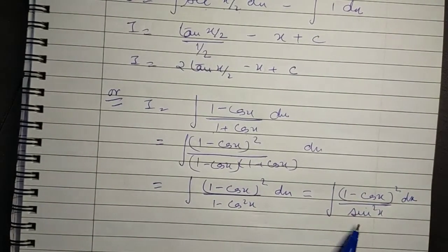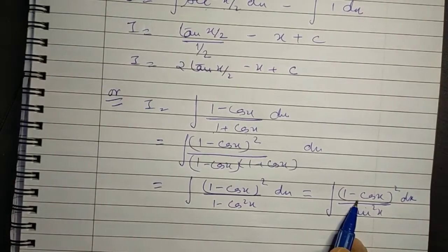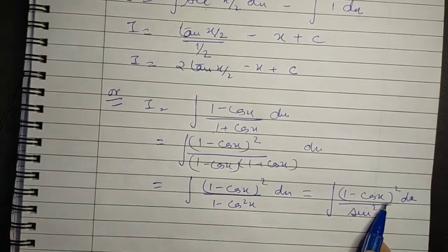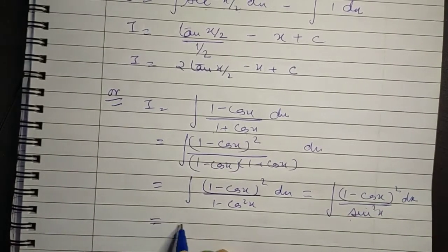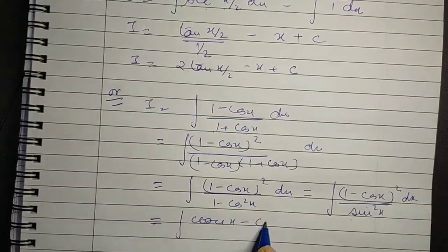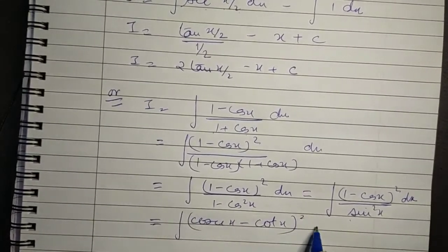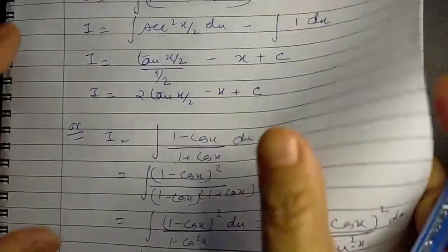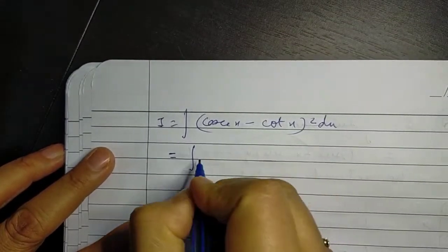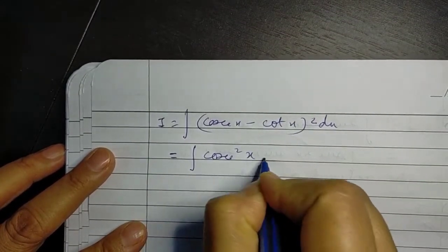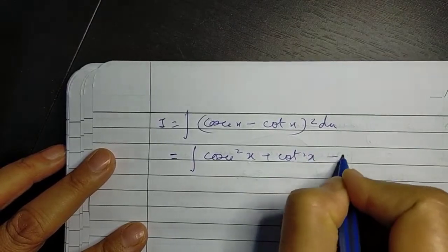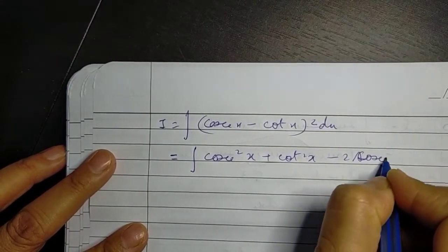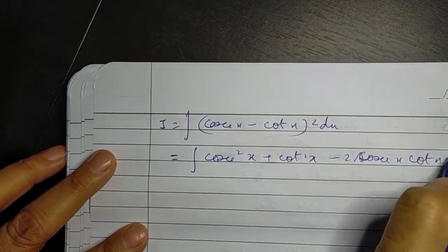Now again, there is more than one way of doing it. What we can do is take the sine inside this bracket. So this becomes cosec x minus cot x whole square dx. To integrate, we can open it up: cosec squared x plus cot squared x minus 2 cosec x cot x dx.